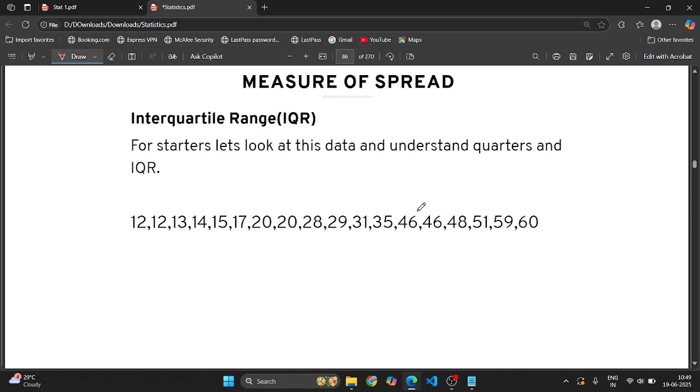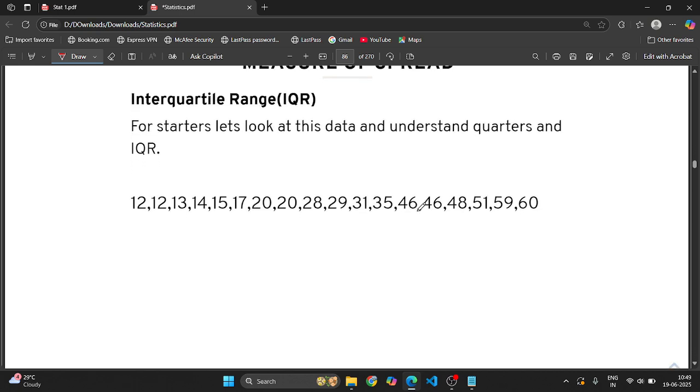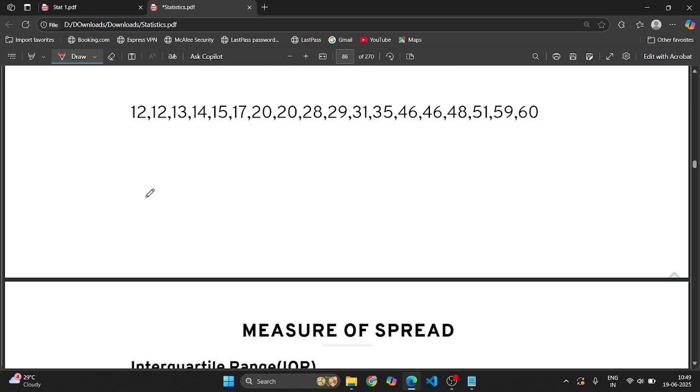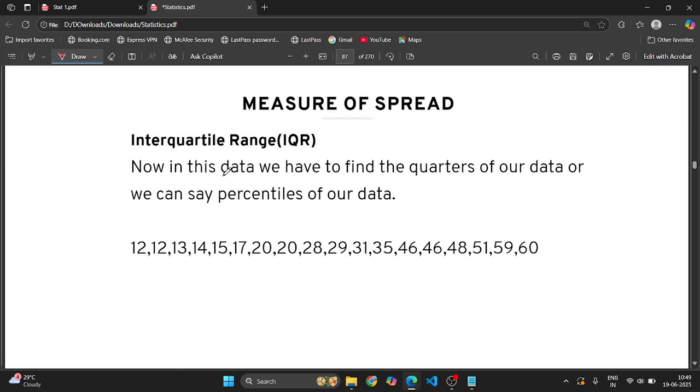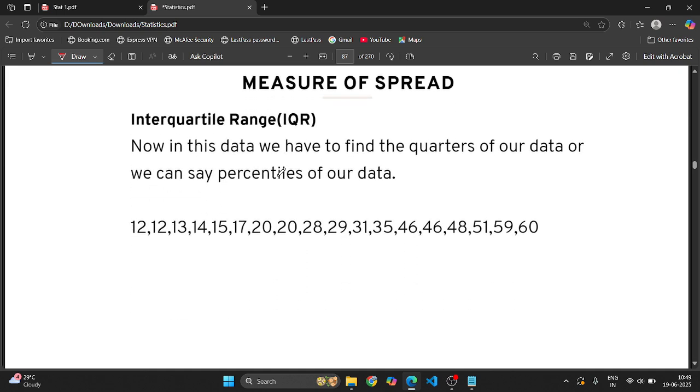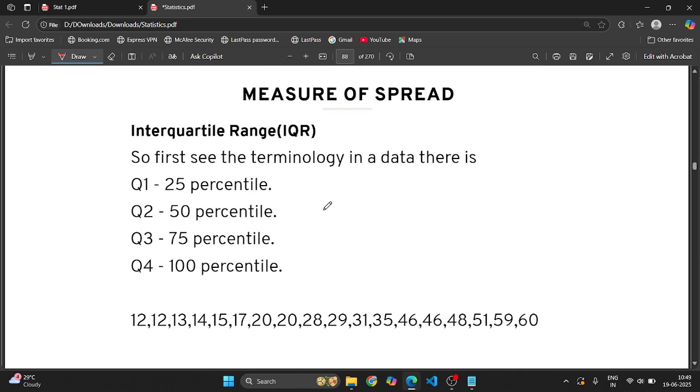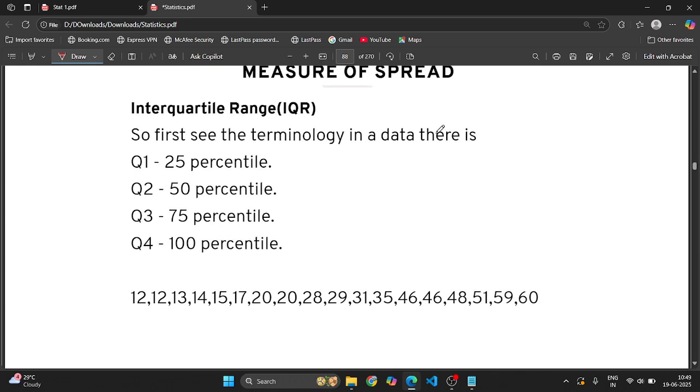So for starters, let's look at the data and understand the quartiles and IQR. So this is the data. Now in this data, we have to find the quartiles, or we can say the percentiles. First, the terminology: Q1 means 25th percentile.